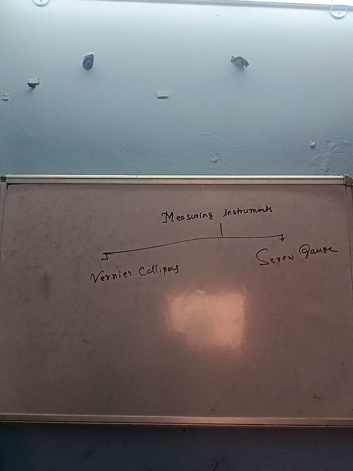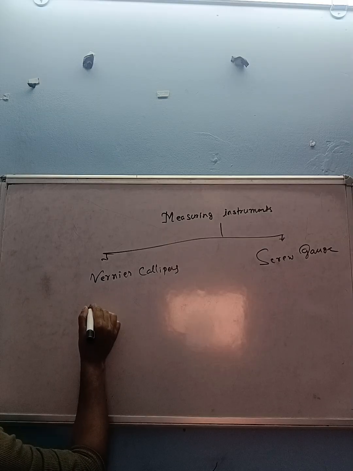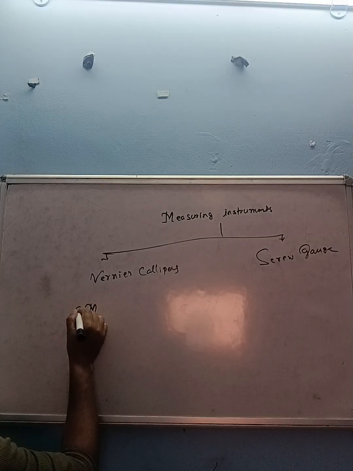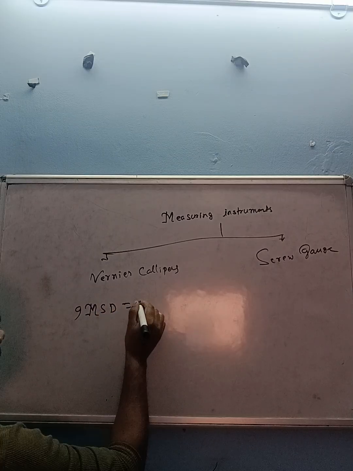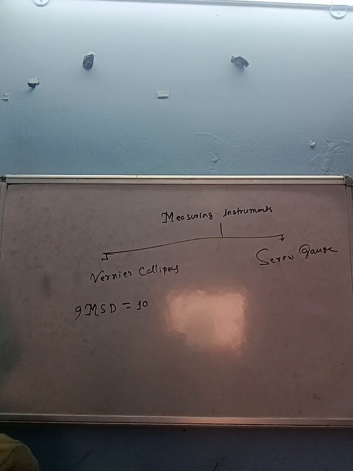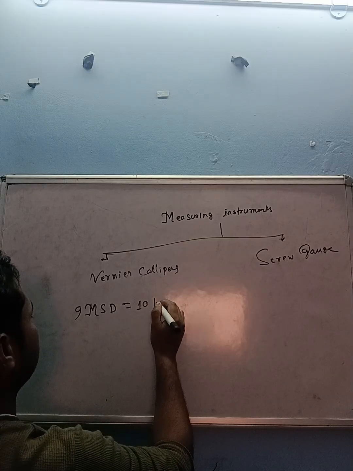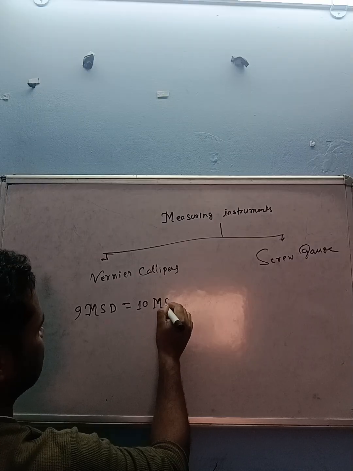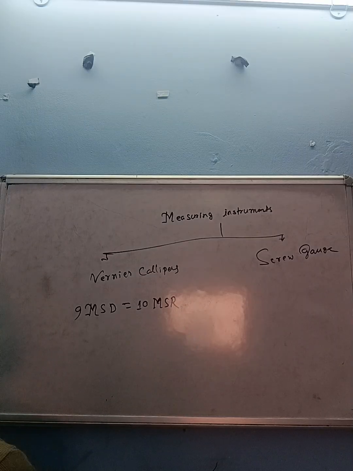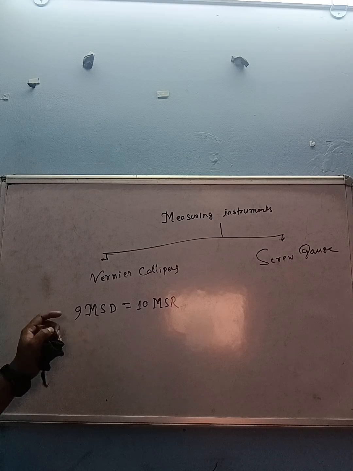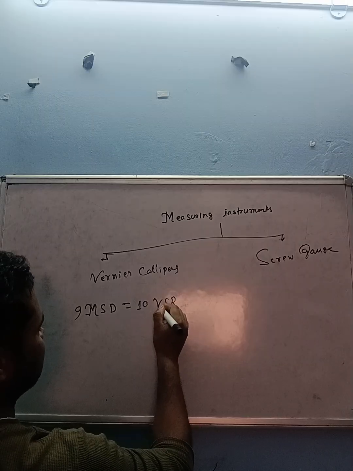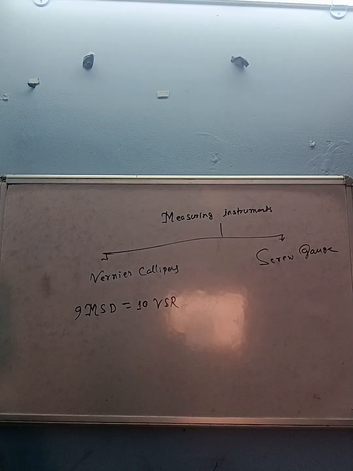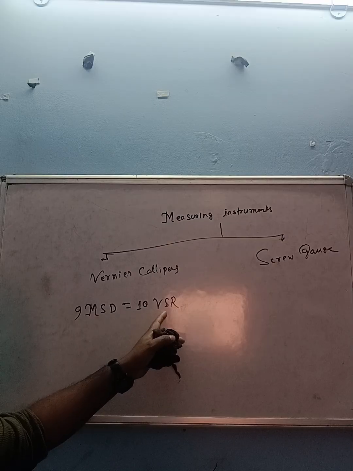vernier calipers, the main scale reading, 9 main scale division equals to 10 main scale reading. You can say 9 or vernier scale reading. Okay, 9 MSD equals to 10 vernier scale reading.